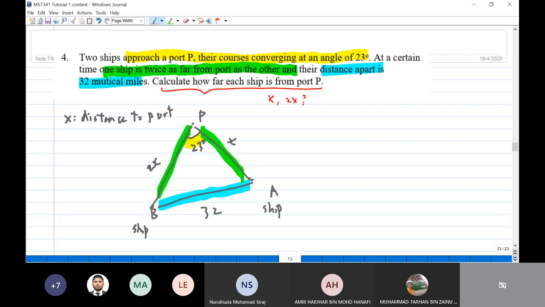So now most likely you have cosine law because the angle is opposite 32, right? So actually it's a good cosine law practice. So you can say that, okay, so let's say this is P here. This one is B, right? This one is A, yeah? So this angle P. So now you can use the cosine law.